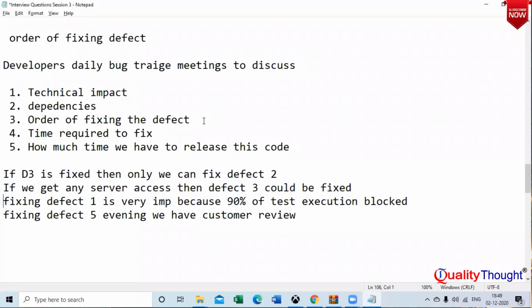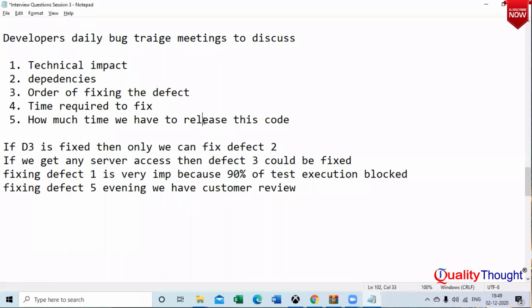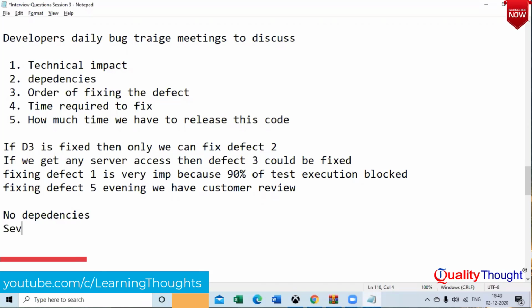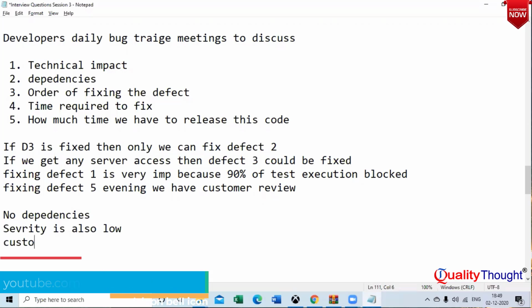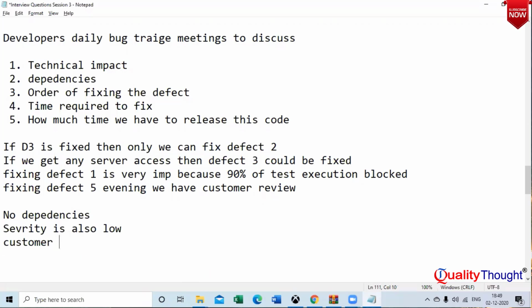Just one example. Let's say there are no dependencies, severity is also low, but the customer is asking about the defect and asking for a review meeting.